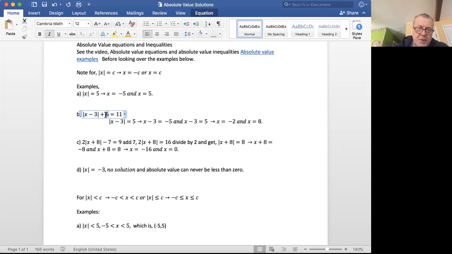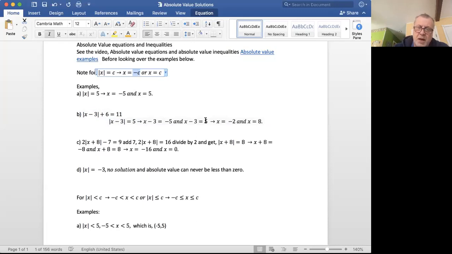How do we do it? We subtract it from both sides. 6 minus 6 on the left side is 0, leaving just the absolute value of x minus 3, and 11 minus 6 is 5 on the other side. Taking what's inside the absolute value and setting it equal to minus the number and plus the number, we get x minus 3 is equal to minus 5, and x minus 3 is equal to 5.